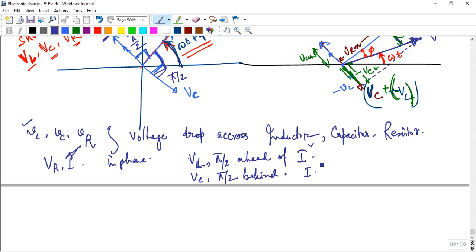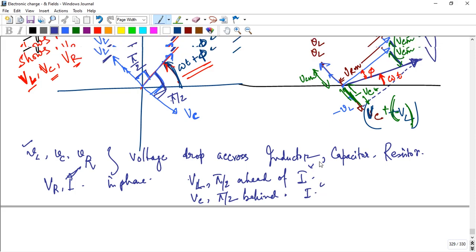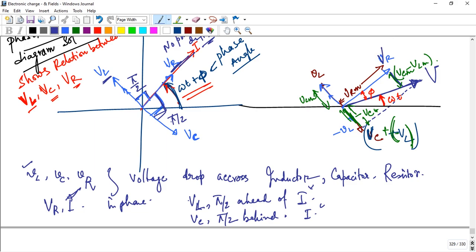Now the phasor amplitude: VR, VC, and VL, obviously the capital V, are the phasors. These are called the phasor amplitudes, the maximum voltage across the resistor, inductor, and capacitor.